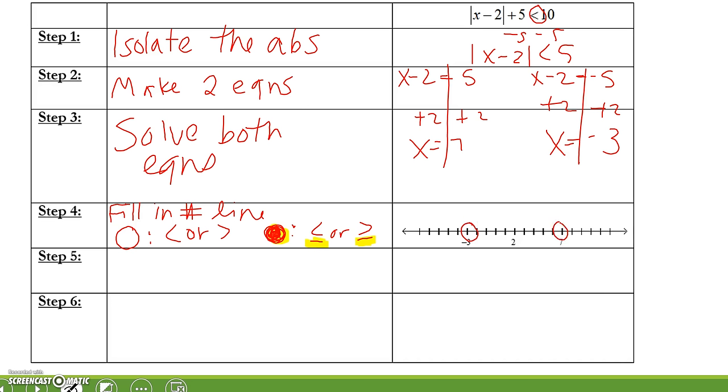Step 5, what you do is you have to check, but this time you have to check a number between the two solutions. And you have to remember to use the original inequality.